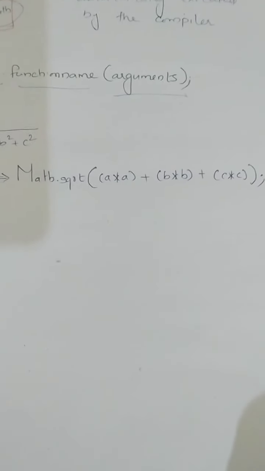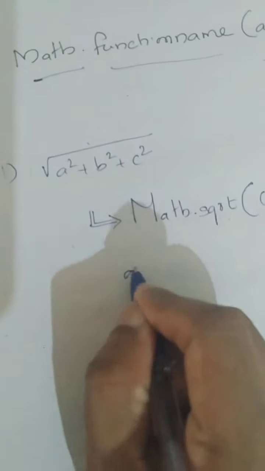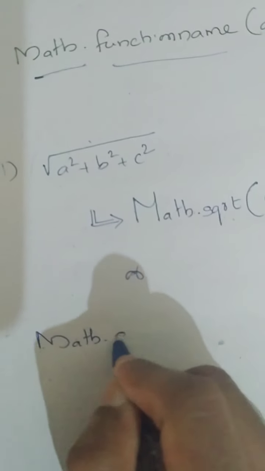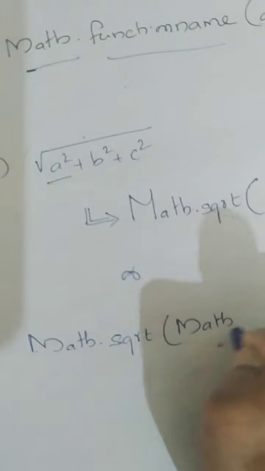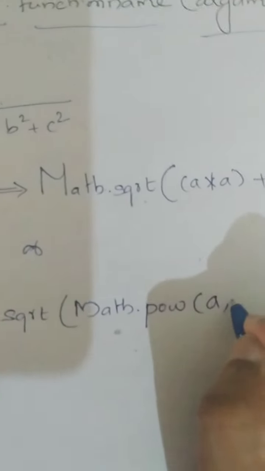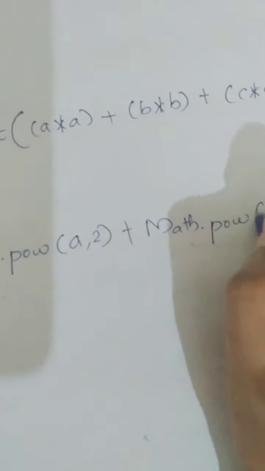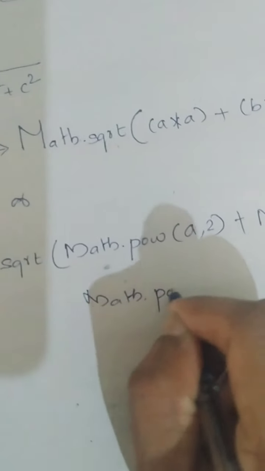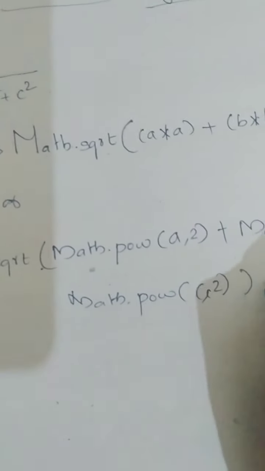You can either write Math.sqrt(a*a + b*b + c*c) for this, as this type of question will surely come, or you can write Math.sqrt(Math.pow(a, 2) + Math.pow(b, 2) + Math.pow(c, 2)); and this bracket has to be closed, semicolon.